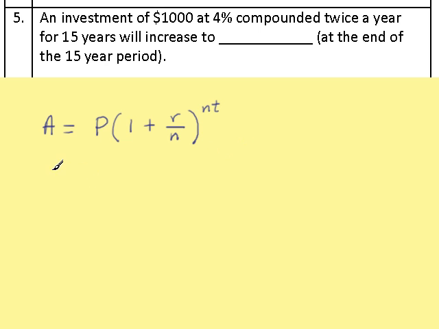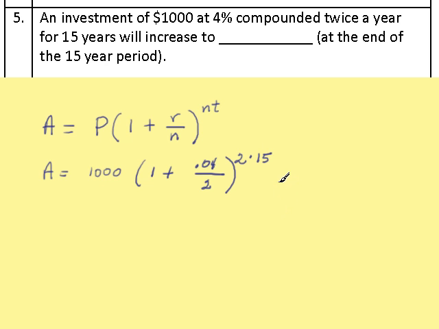So we have A is equal to the initial investment of 1,000 times 1 plus the rate. Now the rate written as a decimal, so 0.04, divided by the number of times it's compounded, that's twice a year, so 2, and the number of years times the number of times compounding, so that would be 2 times 15.